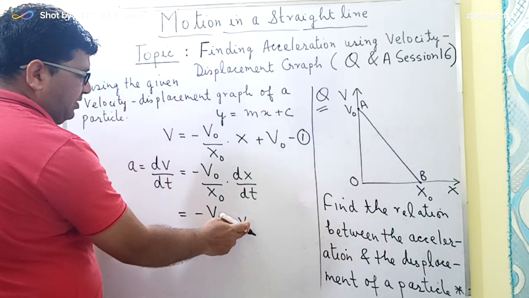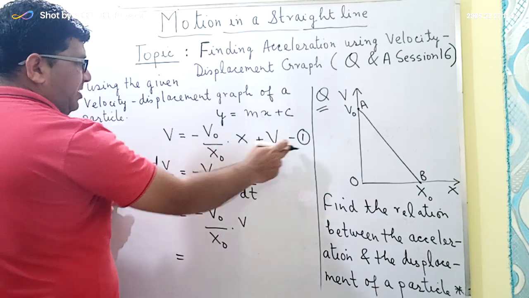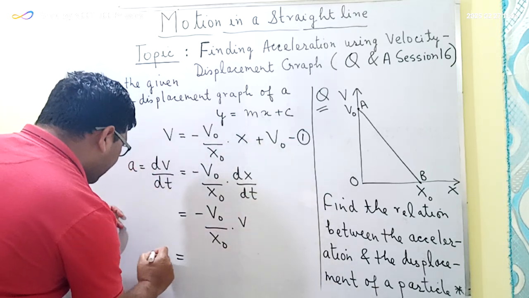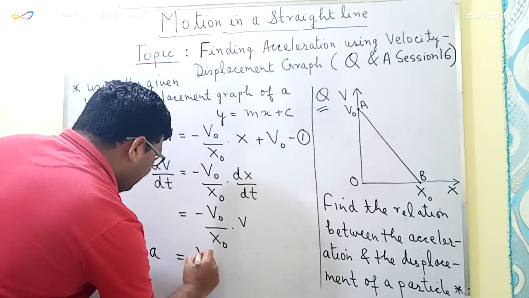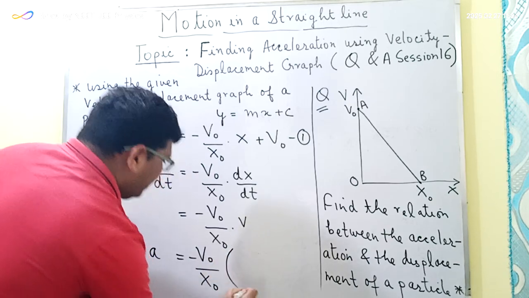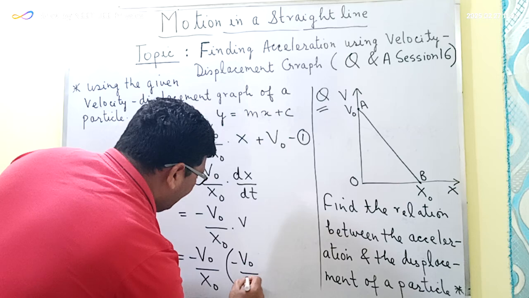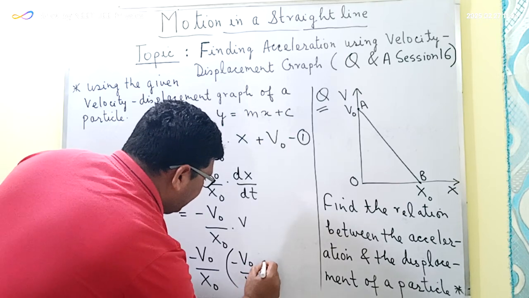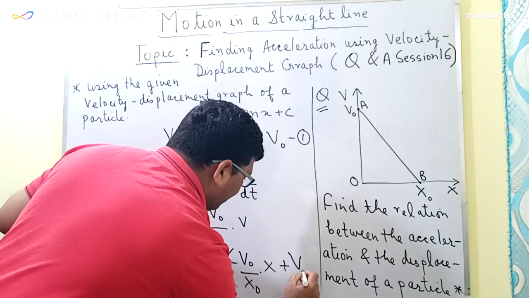By substituting the value of v from equation number 1, I will get the acceleration of the particle as -(v0/x0) times (-(v0/x0)x + v0).